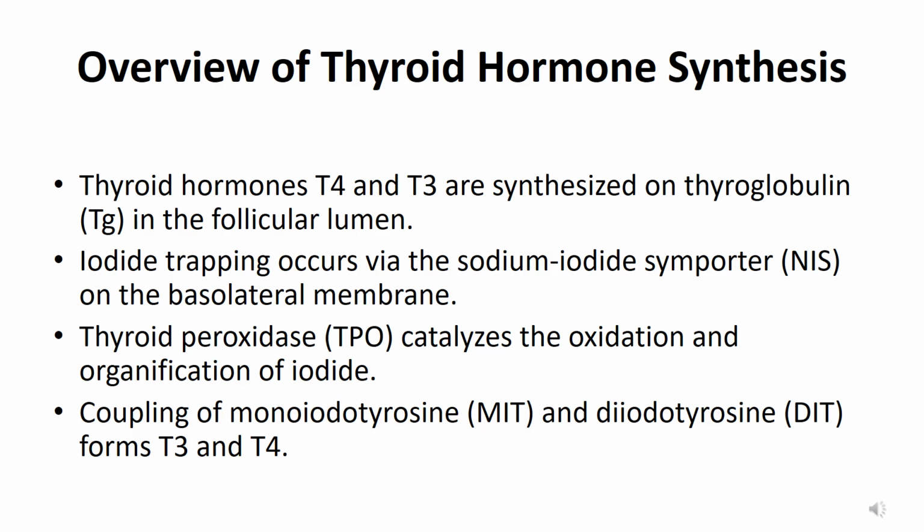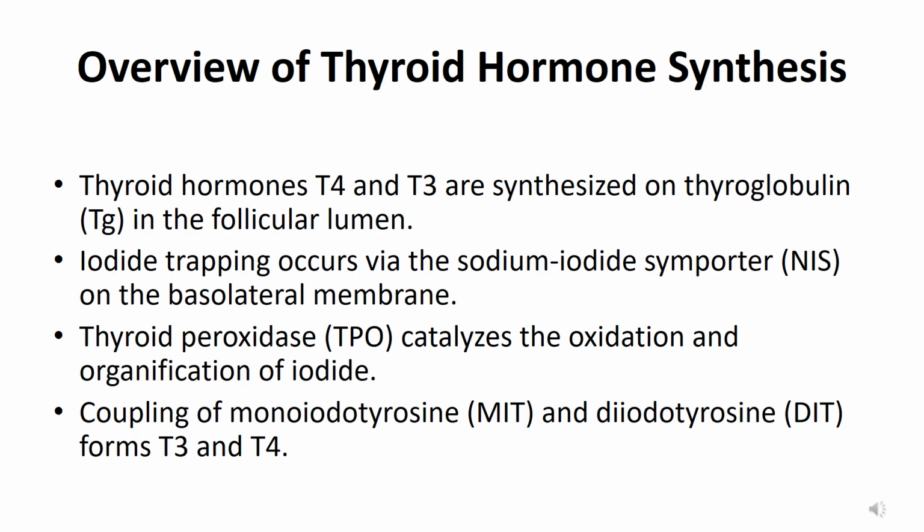Thyroid peroxidase performs several essential reactions in thyroid hormone synthesis. First, it oxidizes iodide into a more reactive iodine form. Then, thyroid peroxidase catalyzes organification, which means iodine becomes attached to tyrosine residues on thyroglobulin.